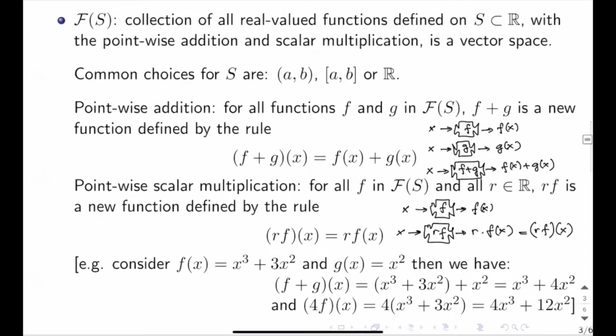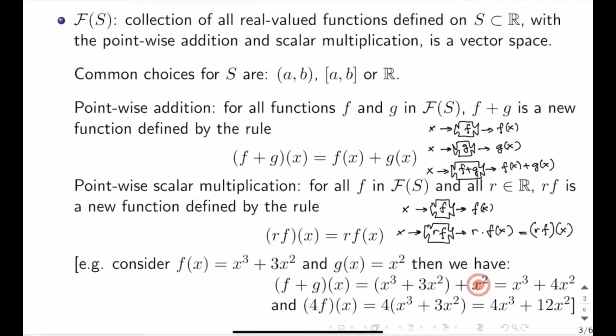All right, for example, if you consider f being this function and g being the square function here, then f plus g is the summation function. This function is computed by the formula f plus g of x being f of x plus g of x.